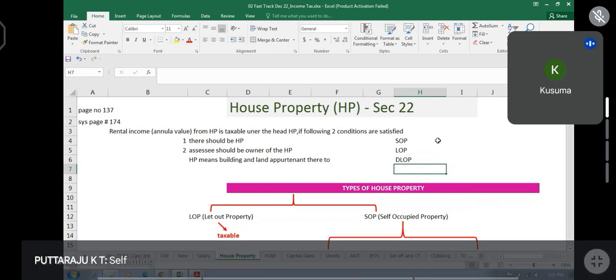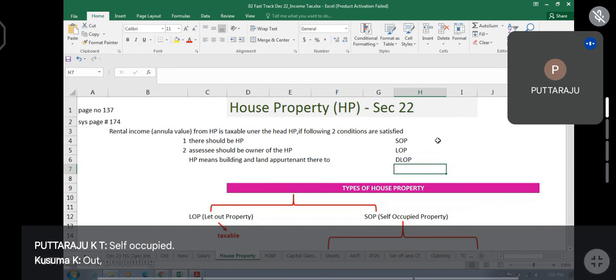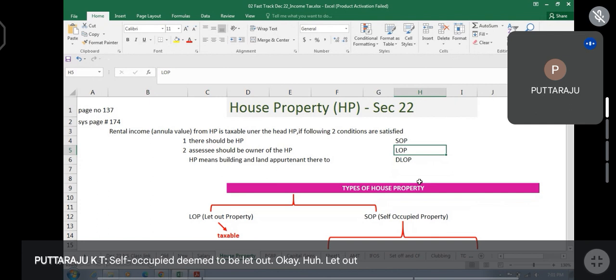Let out, self-occupied, deemed to be let out. Okay. Let out means what? Given out for rent. Self-occupied means the person himself stays there.